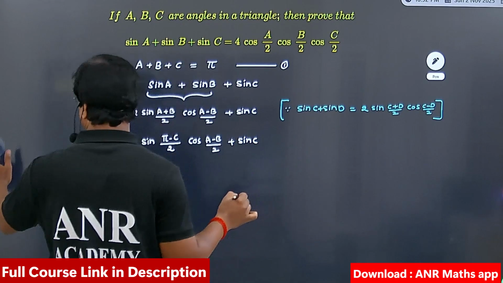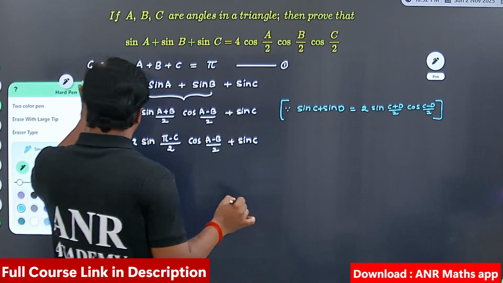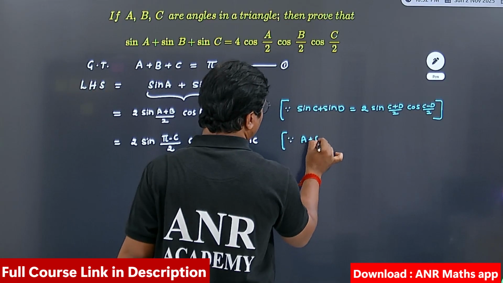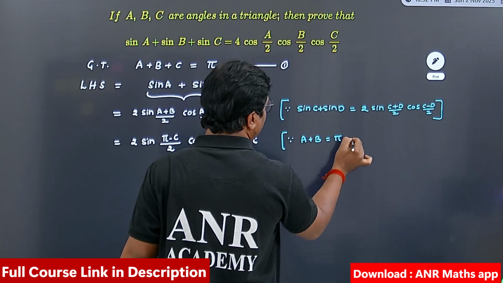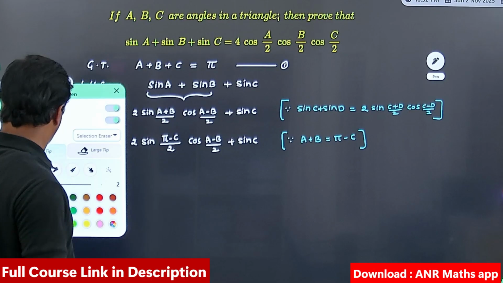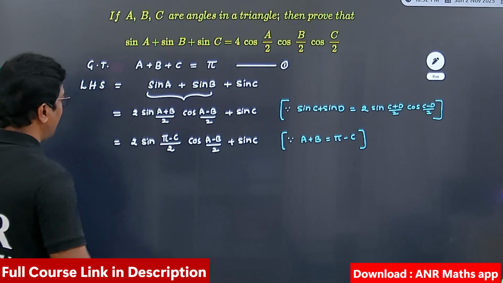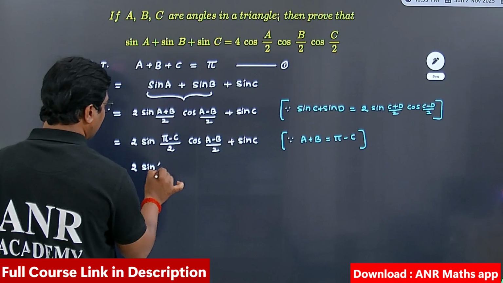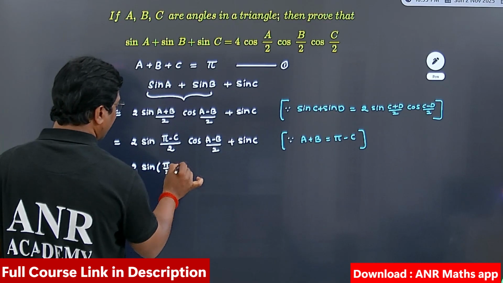Here I am going to write the reason for this step: A plus B written as 180 minus C. That's all. Move to the next step. Here this is clearly 2 times sin (pi by 2 minus C by 2).